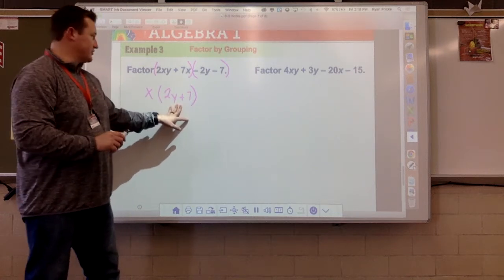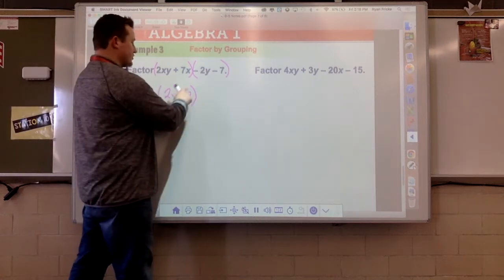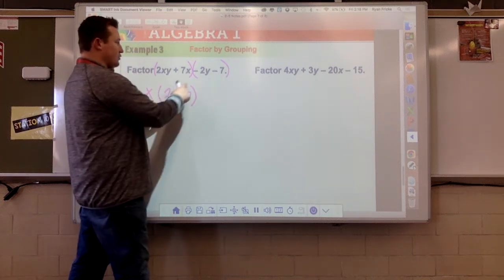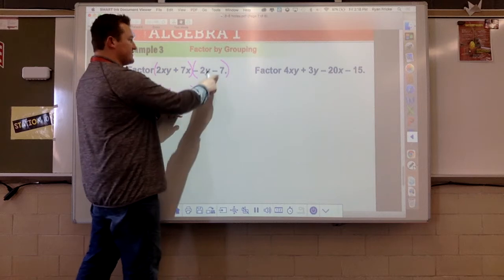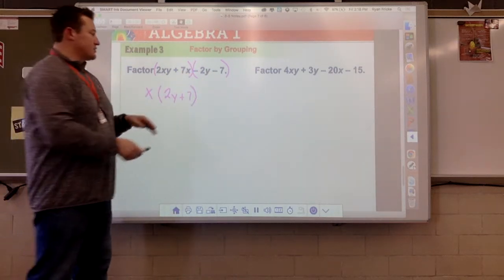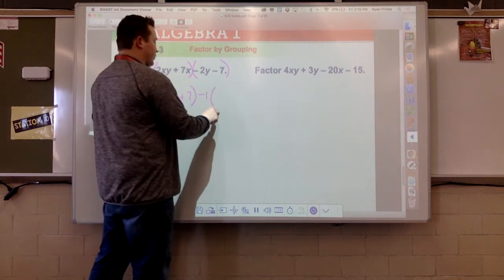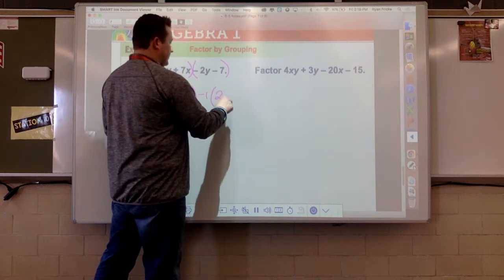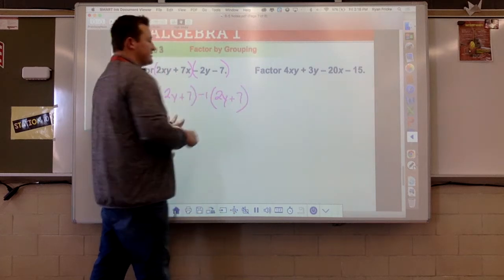Kind of a bad example to start with here, right? There's no variable, and I noticed that, look, this is 2y, that's negative 2y. This is positive 7, that's negative 7. So I kind of need to turn all of these into their opposite. So we're going to factor out the dreaded negative 1. When we do that, yes, this will turn this into 2y plus 7.